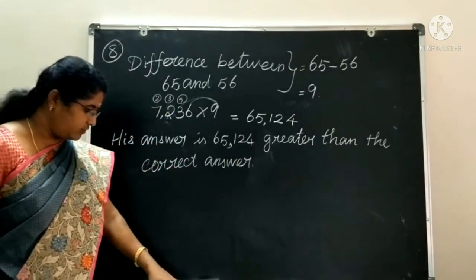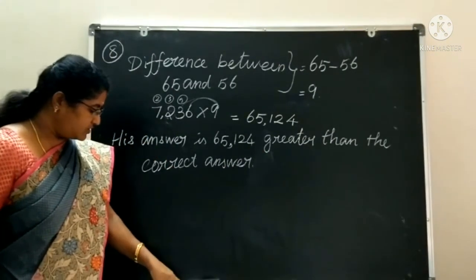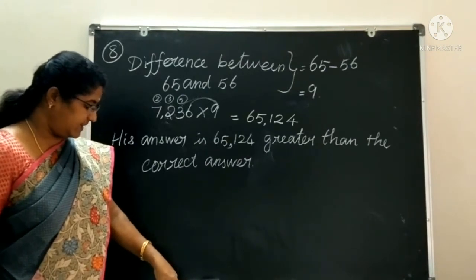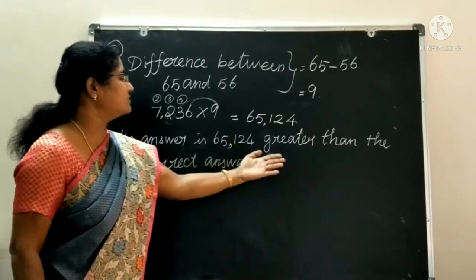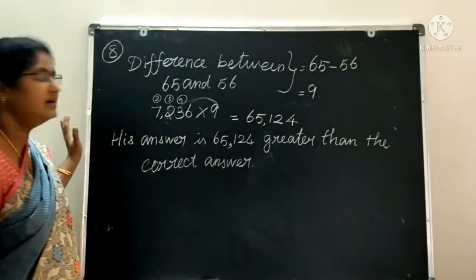This is the question: by how much was his answer greater than the correct answer? So his answer is 65,124 greater than the correct answer.